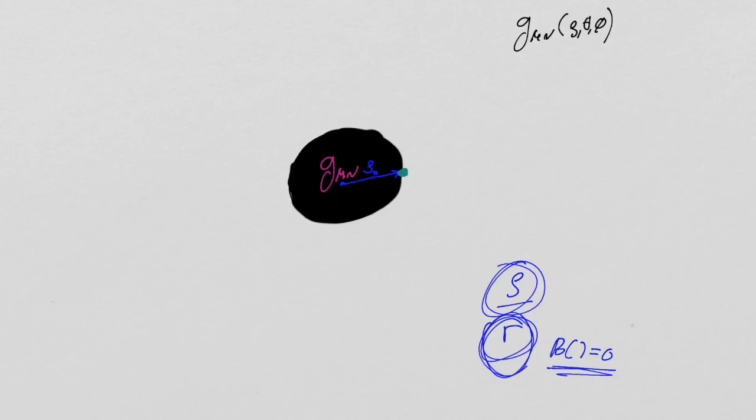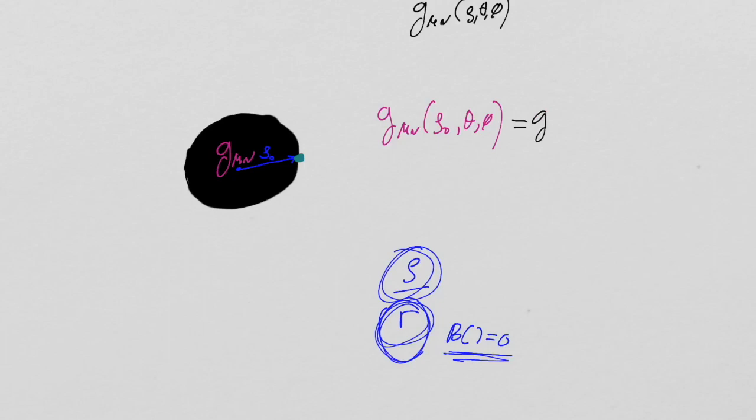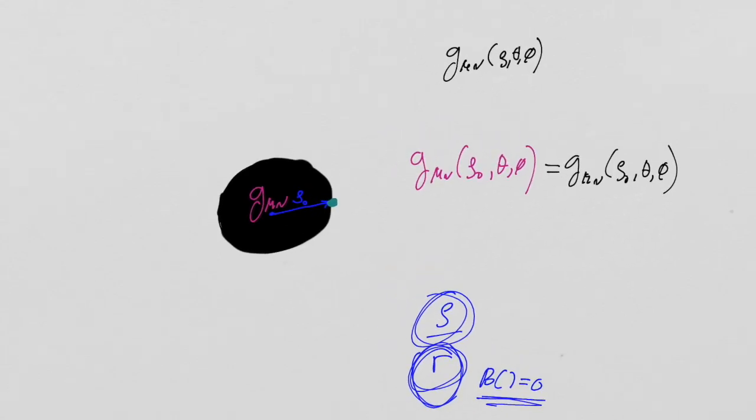So now the interior metric, g mu nu at the radial coordinate rho 0, theta, and phi, is now a function of two variables because I've plugged in a constant, so all that's left is two variables. That has got to equal the exterior g mu nu at rho 0, theta, and phi. That's matching the boundary condition between the exterior and the interior.